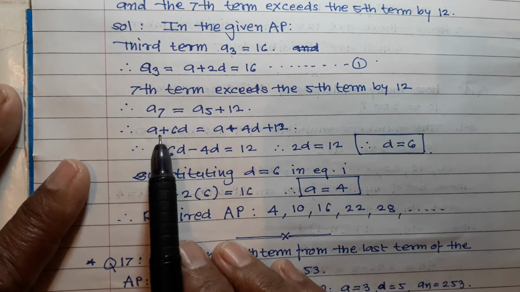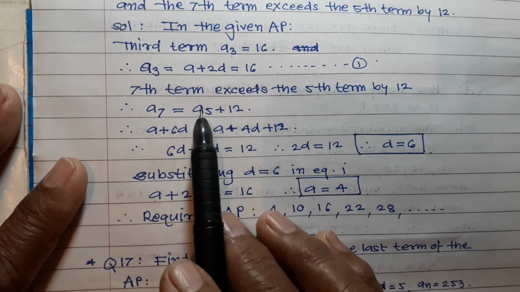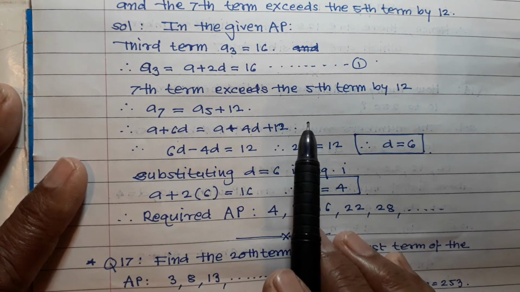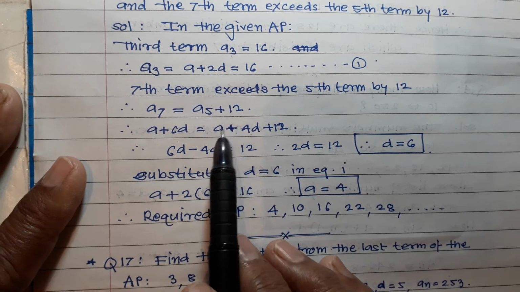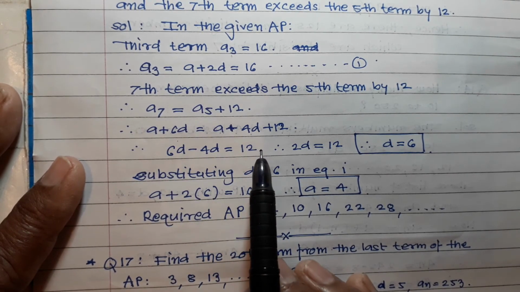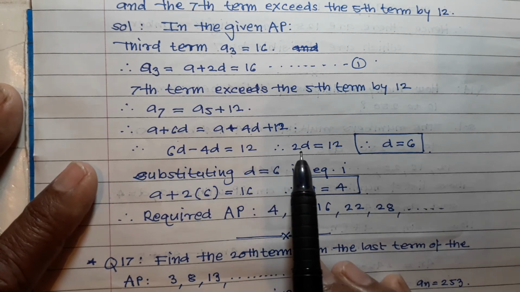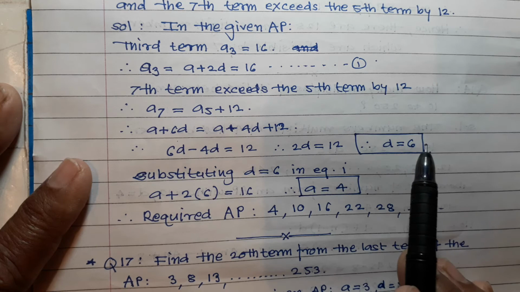So a7 = a + 6d = a + 4d + 12, and therefore 6d - 4d, this a and this a get cancelled, 6d - 4d = 12, and therefore 2d = 12 and d = 6.